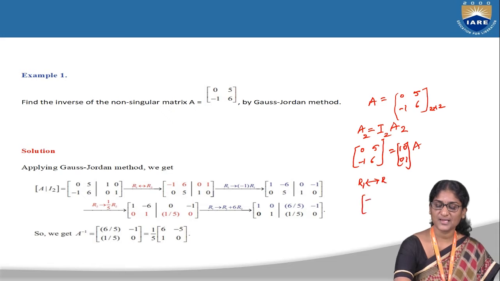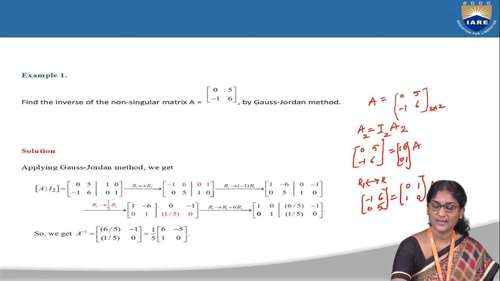If I interchange R1 and R2, the same operation has to be done on the other side also. That is 0, 1, 1, 0 into A. Now I'll start reducing this 6 to 0. In order to reduce 6 to 0, I'll make use of row 2.